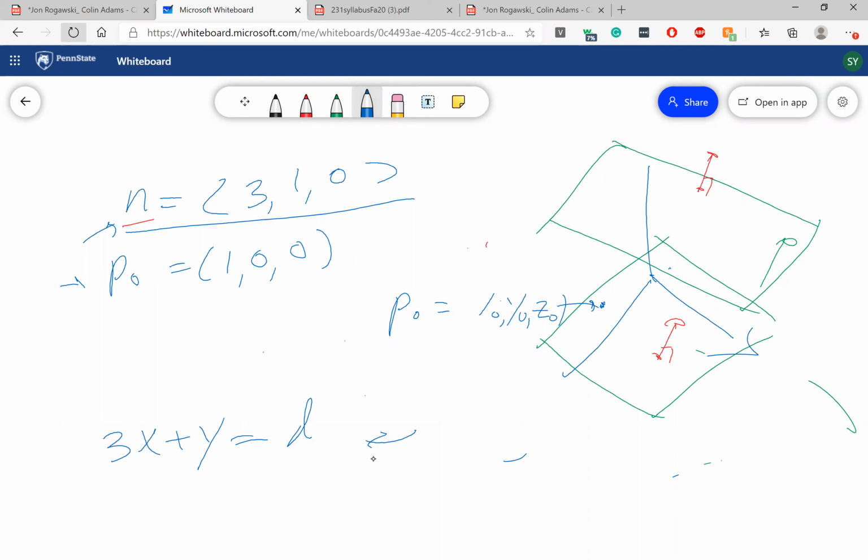Now again, the question is, what is d? So let's plug in this point to get our d. That's going to be 3 times 1 plus 0 is equal to d. So now we got our d. Our d is going to be equal to 3. So that gives us that the plane is 3x plus y is equal to 3. And that is a plane with this normal vector. You just read it off and you see that it does. And it does contain this point.